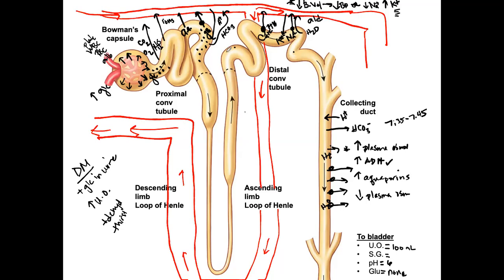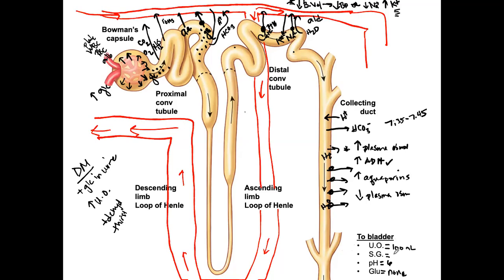So there's always a set amount of particles in the urine. What changes is the amount of water in the urine. So if you're dehydrated or blood volume's low, you're not going to pee out the water. You're going to reabsorb it. And so your urine concentration is going to be high.